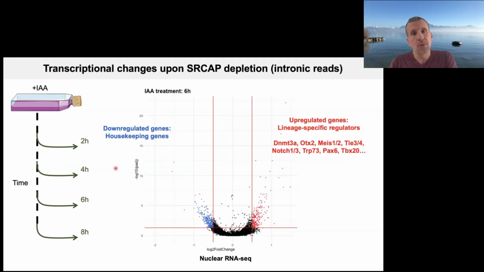We have both downregulated genes, which were essentially housekeeping genes, and a more or less equivalent number of upregulated genes. These were highly enriched in lineage-specific regulators. We had a lot of transcription factors in there, and also other proteins important for lineage specification, such as DNA methyltransferase.